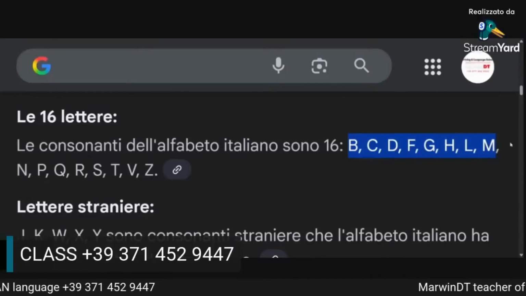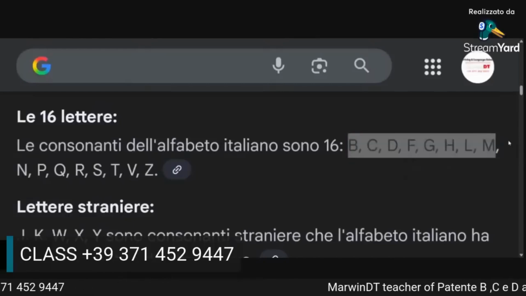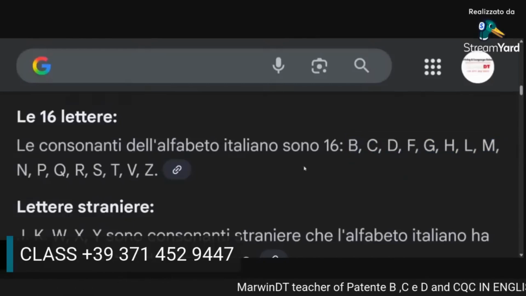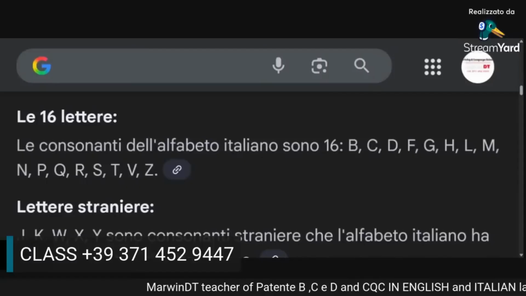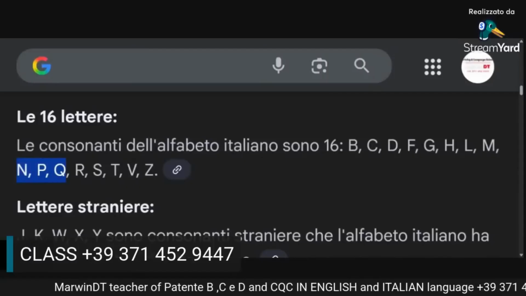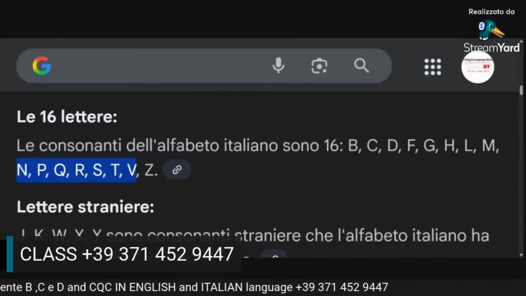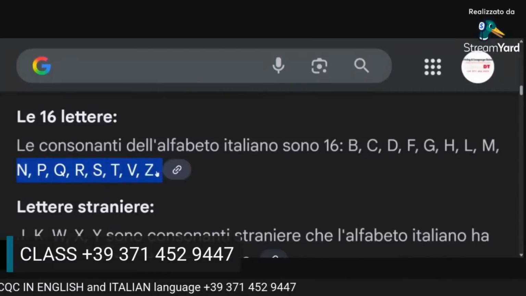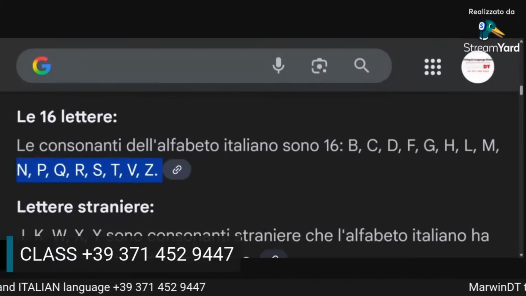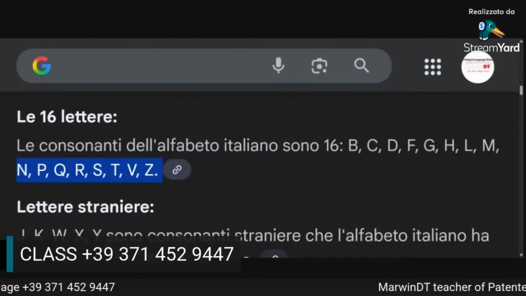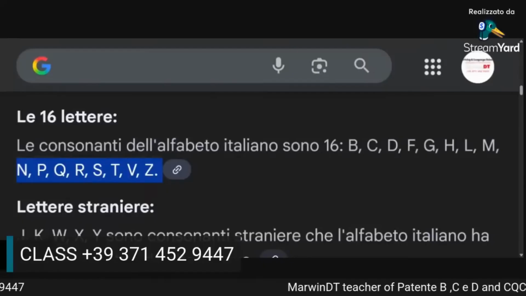L, M. Then we have what? N, P, Q, R, S, T, V, Z. This represent consonanti, which are consonant.